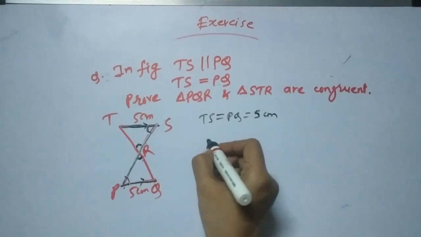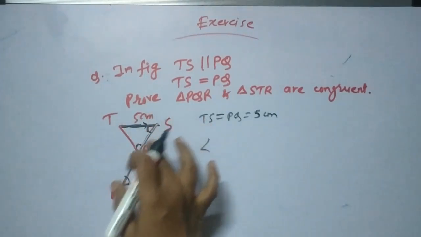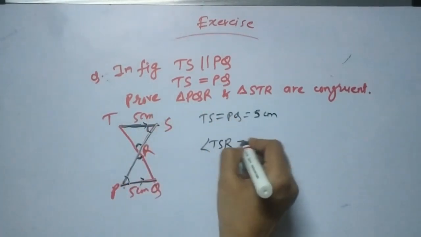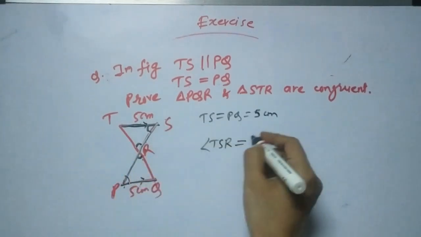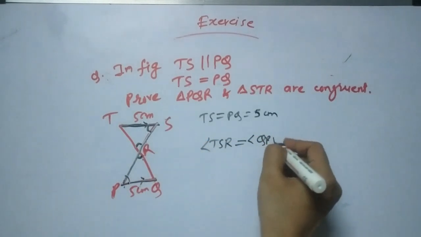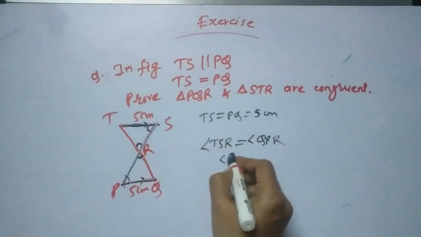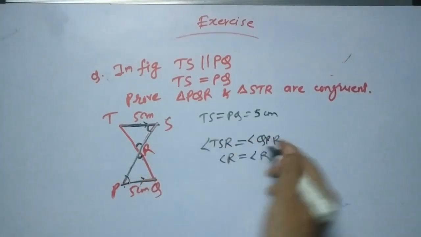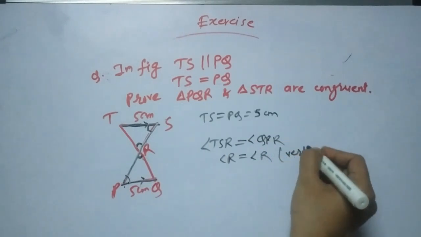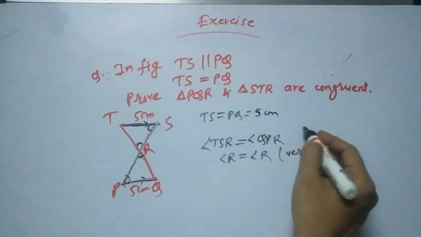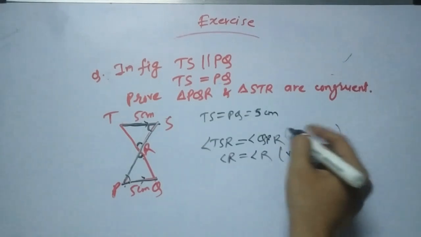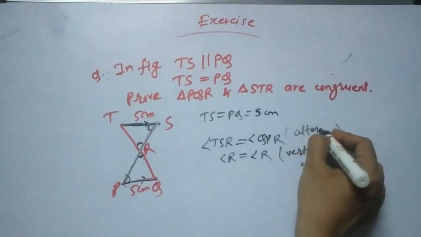So I will write here angle TSR is equal to angle QPR, and angle R is equal to angle R. This is a vertically opposite angle. And here you can write alternate angles.